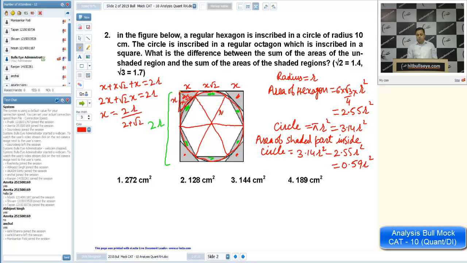So area of this corner triangle will be equal to 1 by 2 into, now this is the base and this is the perpendicular. So this is equal to 1 by 2 into 2r upon 2 plus root 2 into again this value. So this is the area of one such triangle.